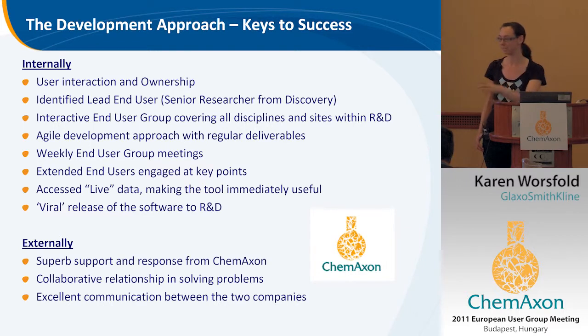We had the business discussing all their requirements and coming up with decisions. We used an agile development approach, so we had bi-weekly deliverables which went out to our extended user group every couple of weeks, and it was accessing live data, so they could actually use it for their real day job for the functions that we deployed at each point.